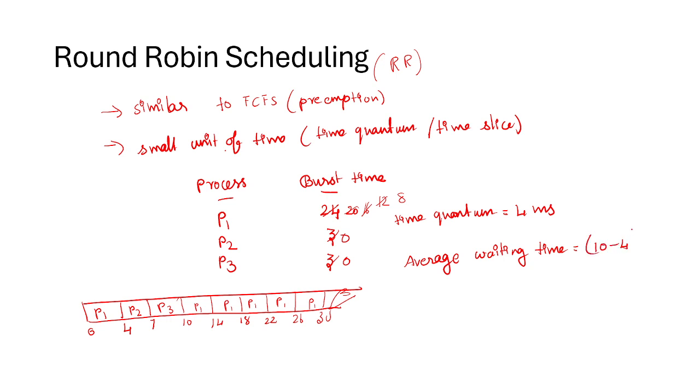So 10 minus 4, plus for P2 it is 4, and for P3 it is 7, divided by 3. So in total it is 17 divided by 3, which is equal to 5.66 milliseconds. So this is about round robin scheduling.